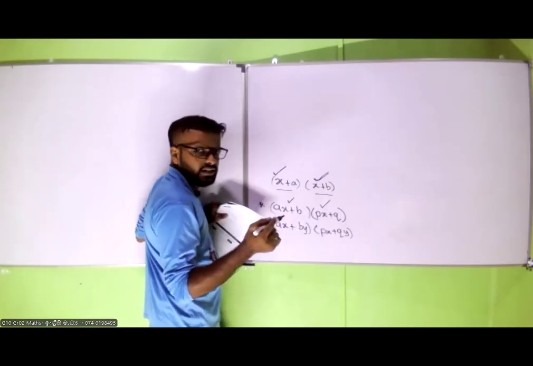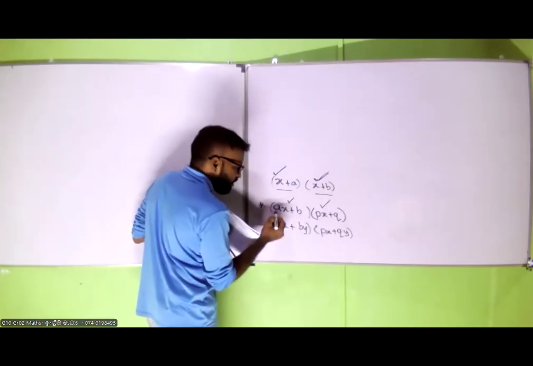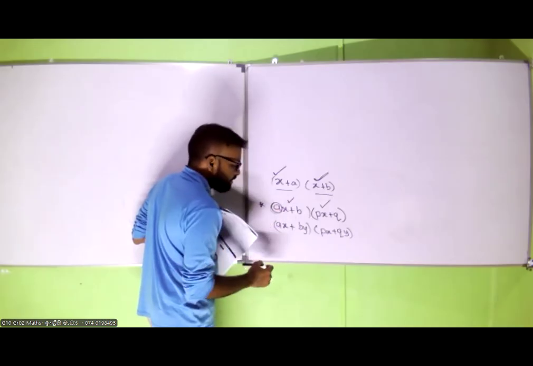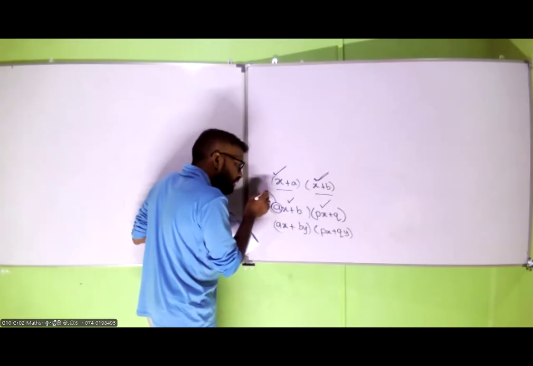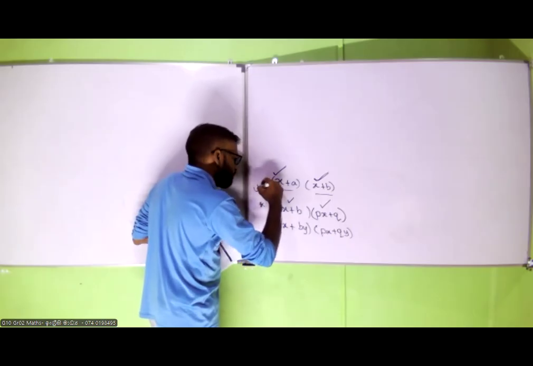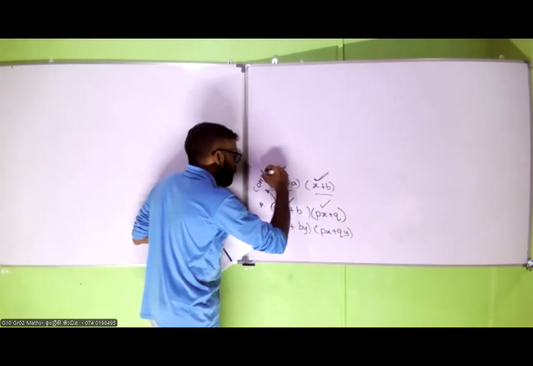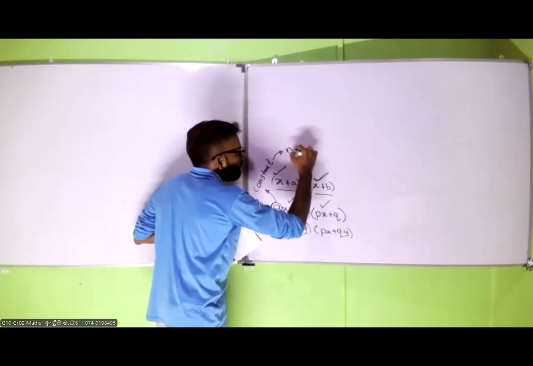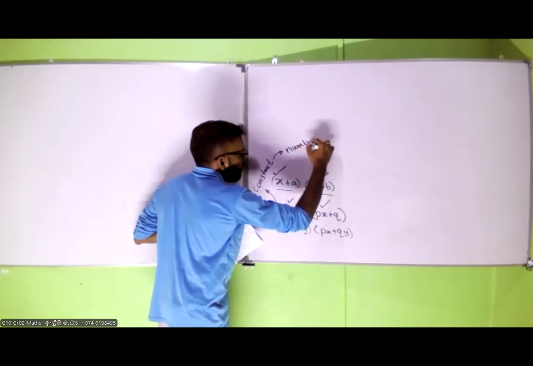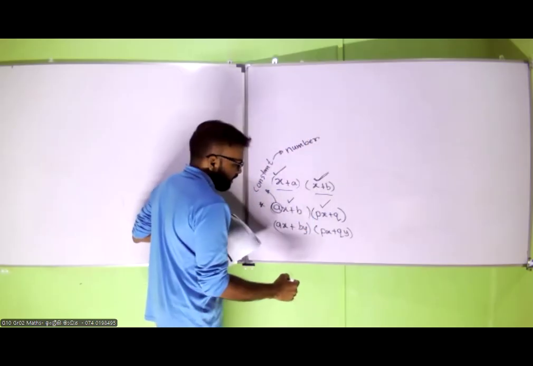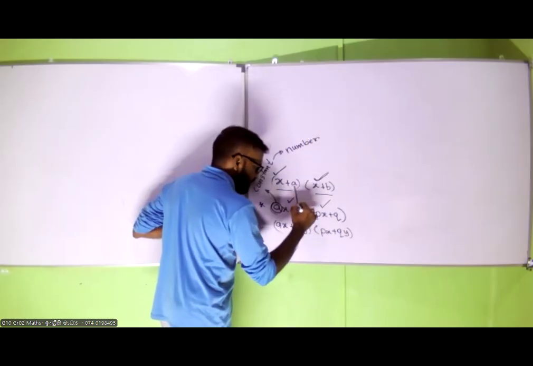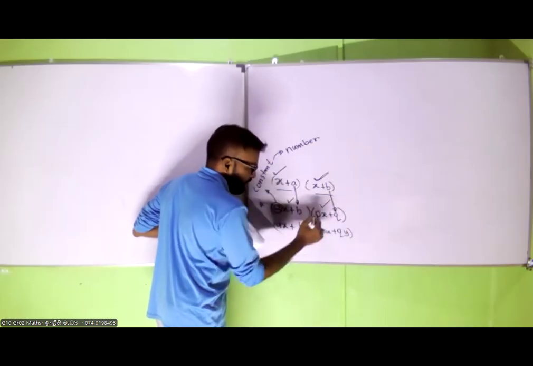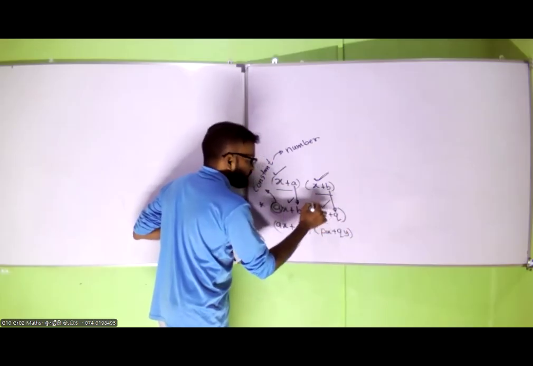The only thing that they have added is, in front of this one, they have added a constant. A constant is a number. And also the same here, and this is a constant.